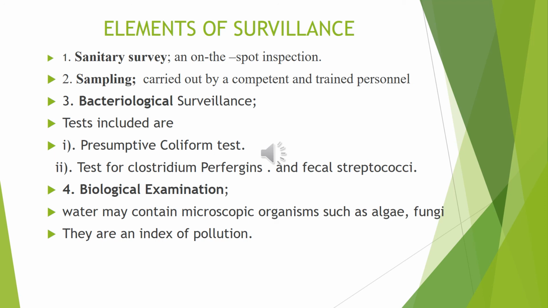Then different samples of water are taken and tested in the lab. Bacteriological surveillance is also done, with tests like the presumptive coliform test, or the detection of fecal streptococci and Clostridium perfringens.